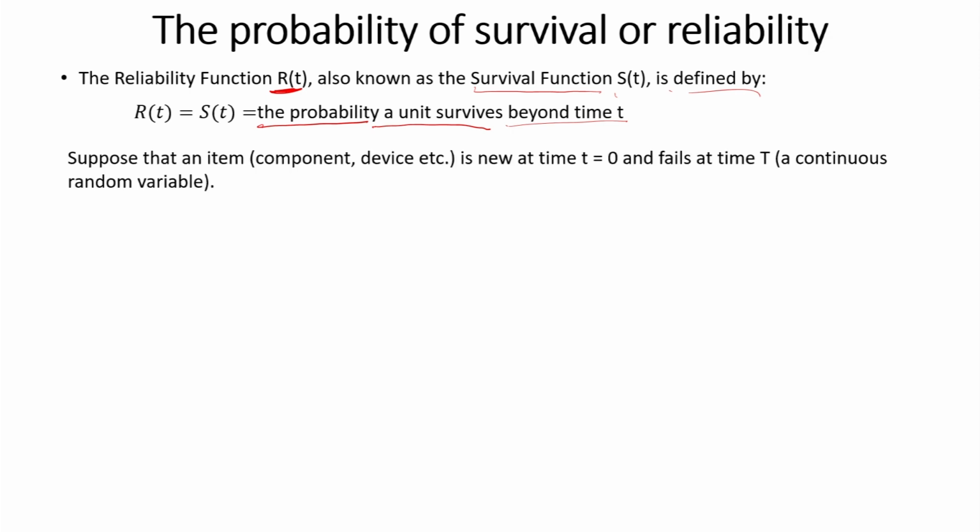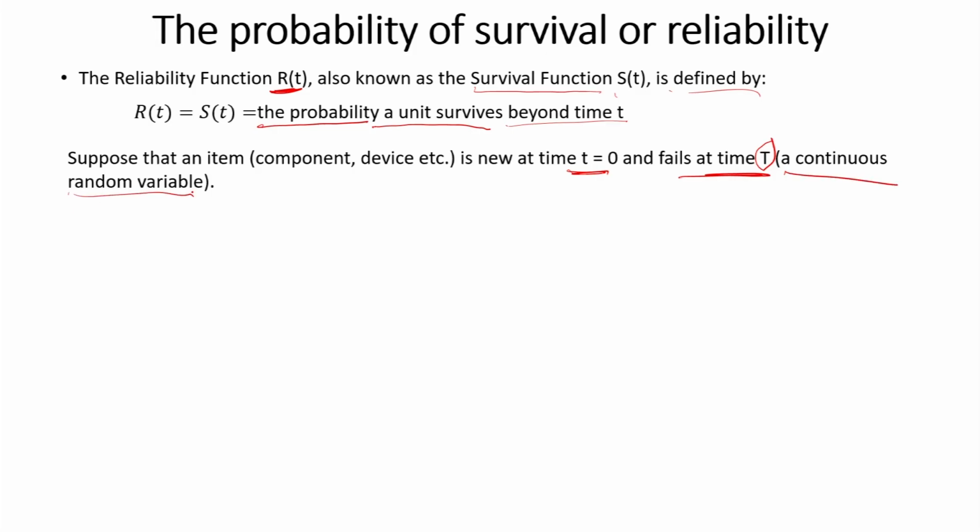So, let us suppose that an item, which can be a component, device, or subsystem, is new, that is at time t equals 0, and fails at time capital T, which is a continuous random variable here.